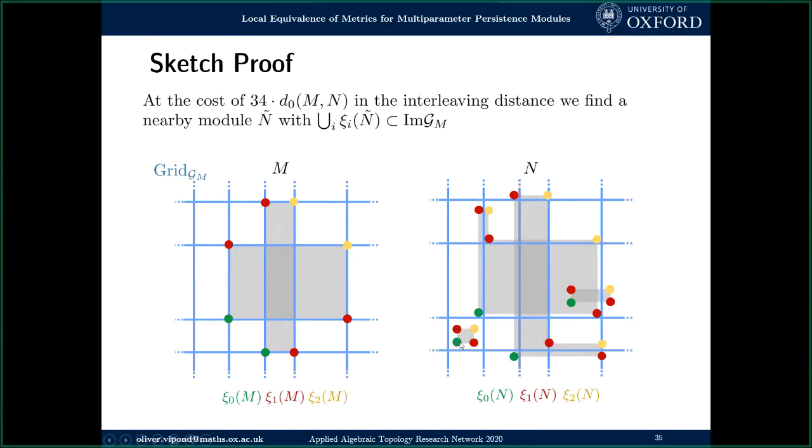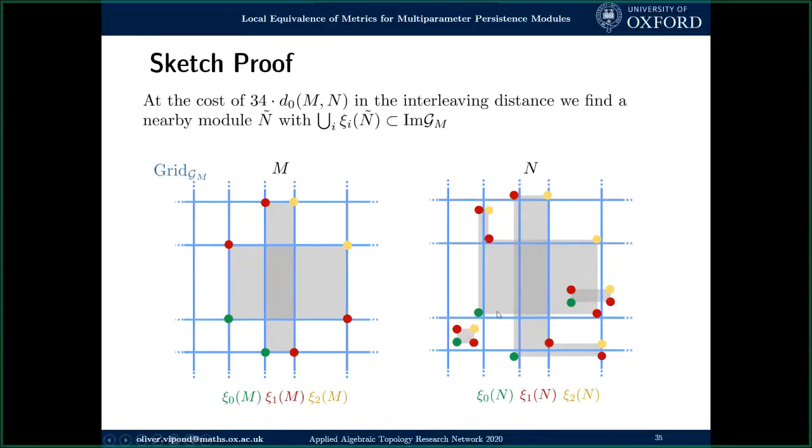Because if we're lying far away from the grid, then we lie far away from the endpoints of the bars of m. If we imagine pushing our multi-parameter Betti numbers along the lines of this grid, if we're far away from the grid, then none of our generators are going to be pushed near to this endpoint on the grid.